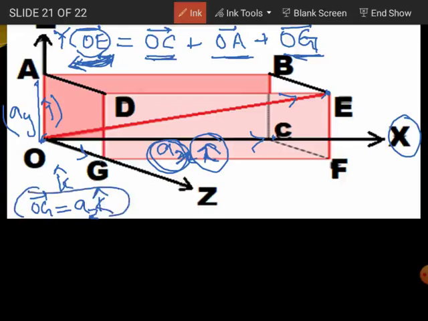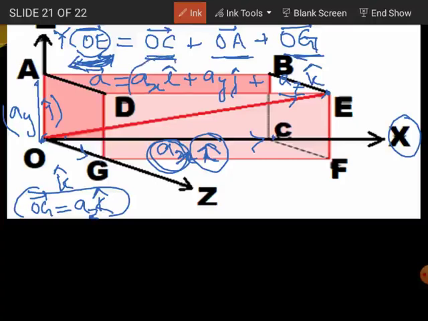So instead of writing like this, you can write that if OE represents a vector A, then it will be equal to the component of A along the x-axis, the component of A along the y-axis, and the component of A vector along the z-axis, which is denoted by AZ k cap.